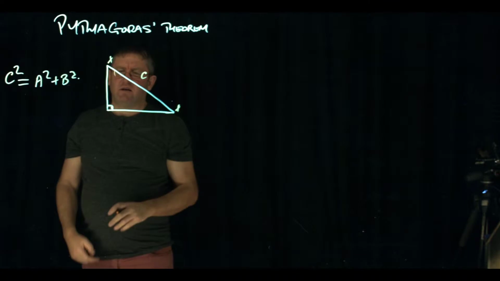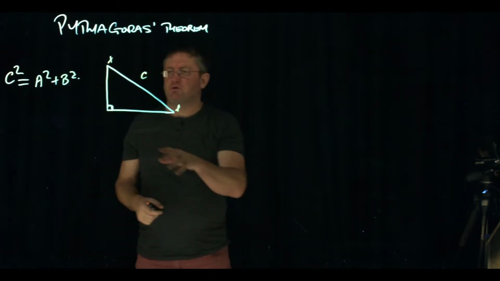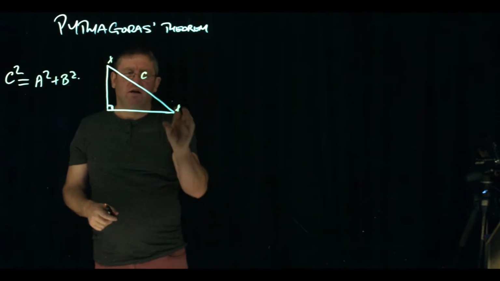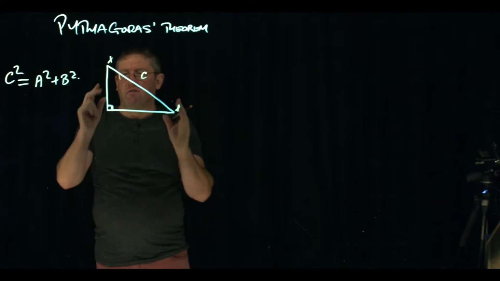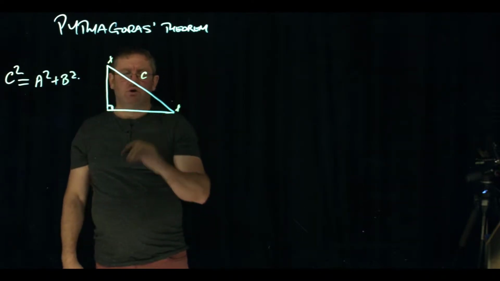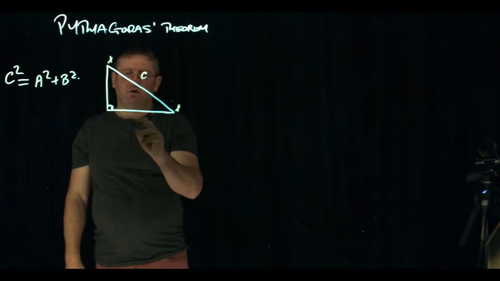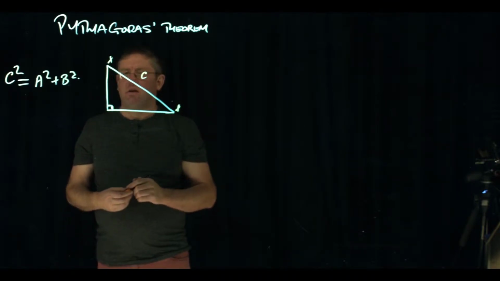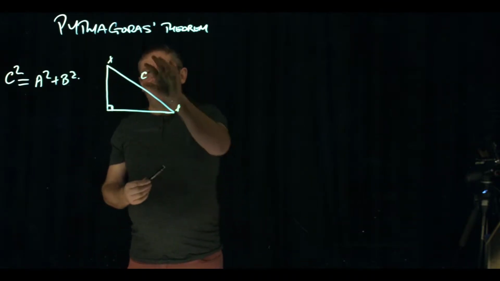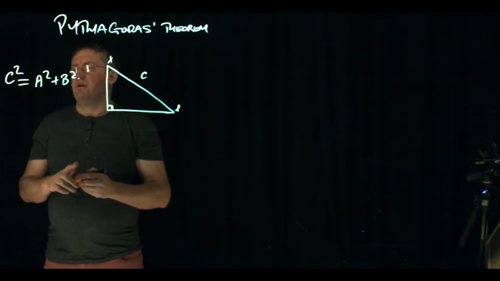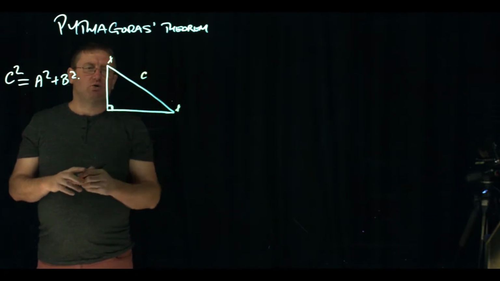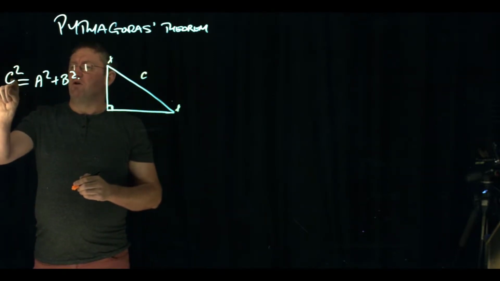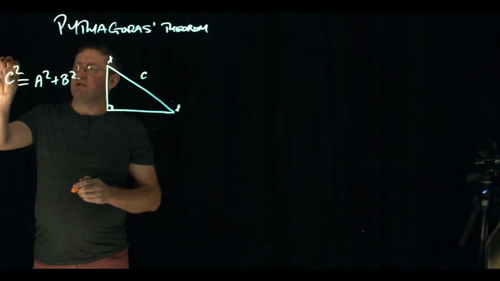The two shorter lengths, if you look at trigonometry, one is the opposite, one is the adjacent, depending on where the angle sits. But for Pythagoras, it's just one short length on one side and one short length on the other side. So to determine c from this equation, if we want to isolate c, what we have to do is take the square from one side and transpose the formula by putting it on the other side.